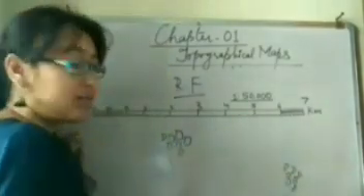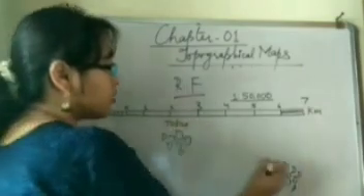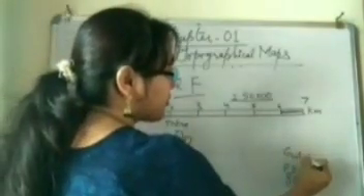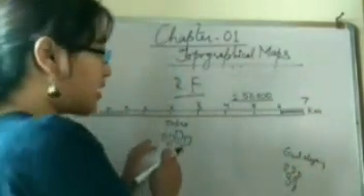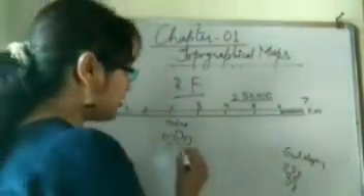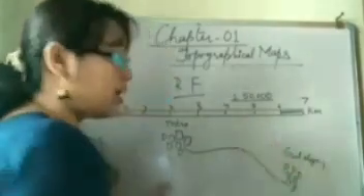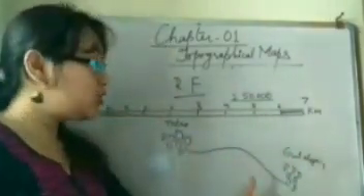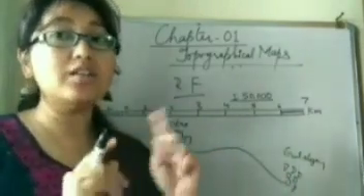Let's name the settlements: this is Tokra, Gulabganj. I'm just roughly making this. Now you need to find out the distance between these two settlements along the car track. The question is along the car track.